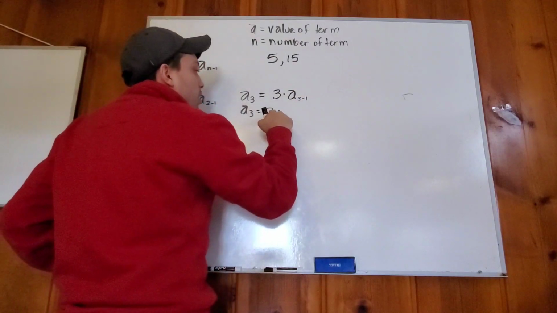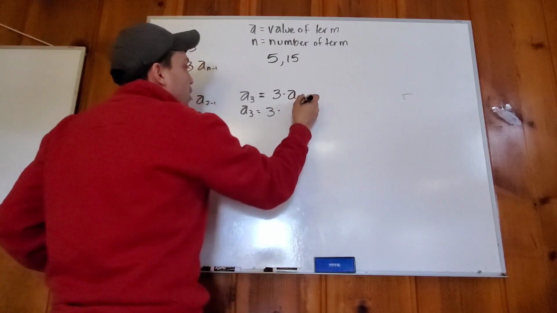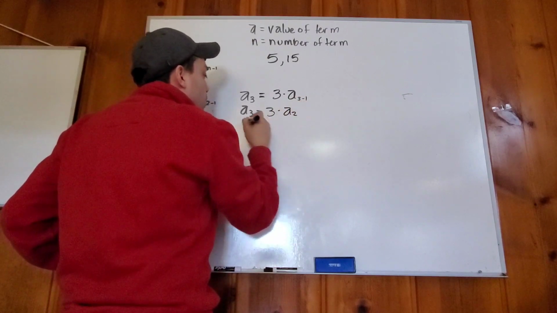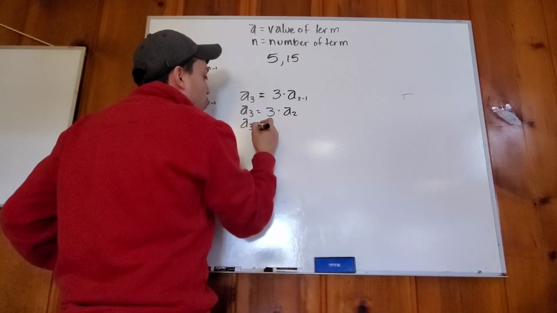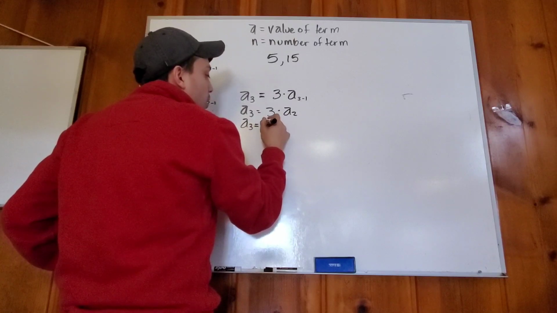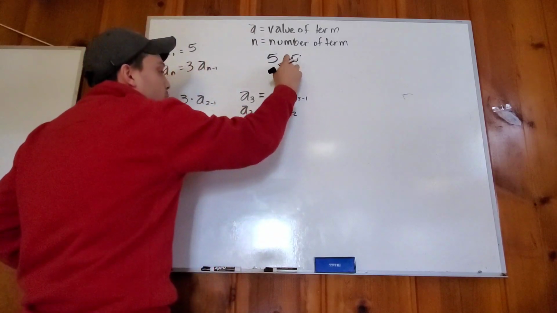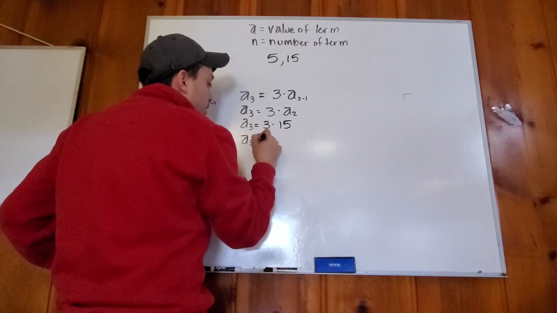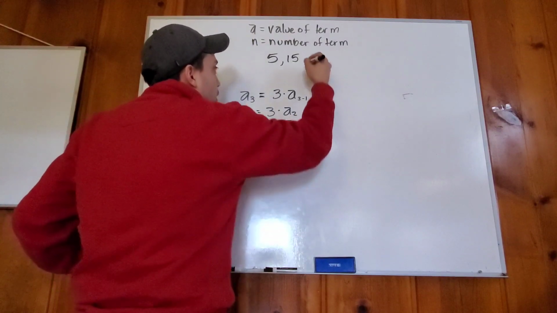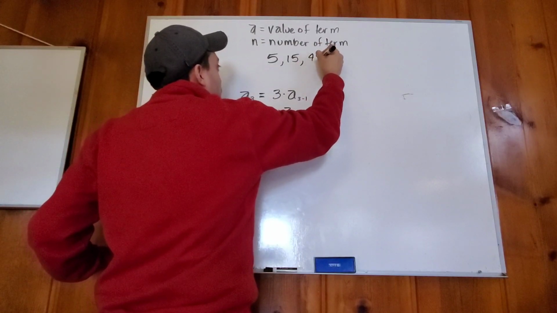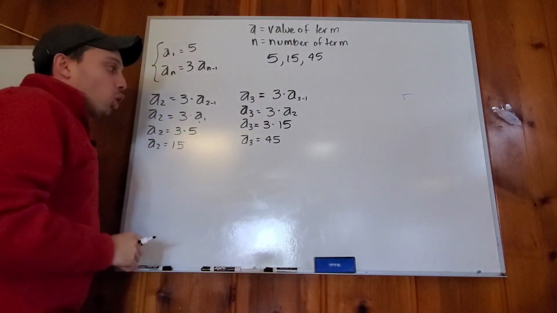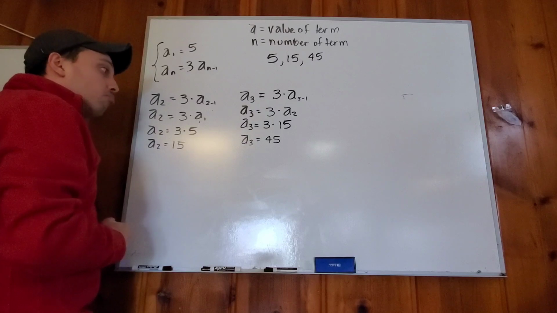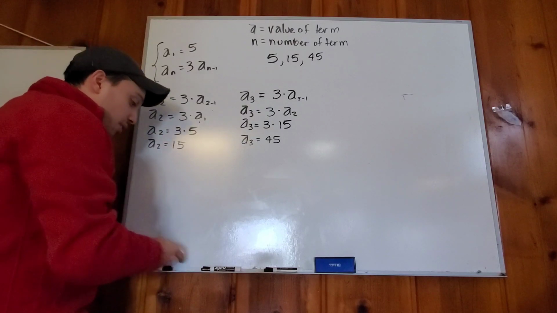So a of 3 is going to be 3 times a of 3 minus 1, which is a of 2. And a of 3, the value of the third term, is going to be 3 times the second term, which is 15. 3 times 15, a of 3 then is going to be 45. And then we got 45. And that would conclude the third example, and that is lesson 97.